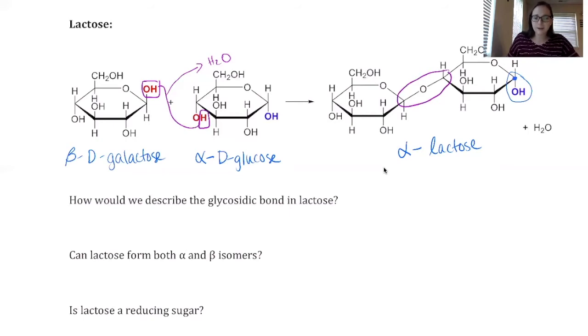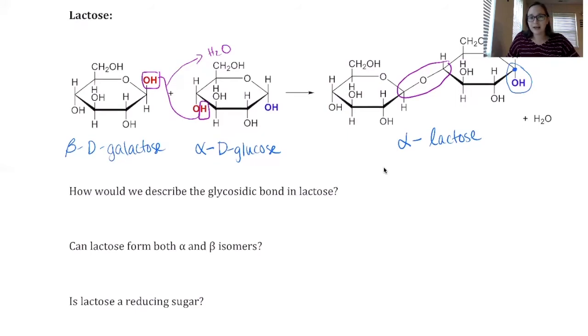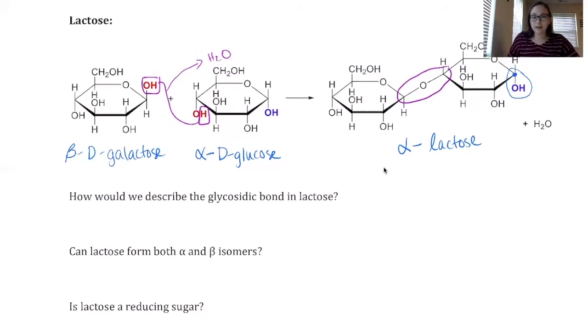glycosidic bond. Remember we describe glycosidic bonds based off of the position of the locked in carbon C1, as well as the carbon numbers that it's between. So let's start with that position. This hydroxide here, so let's use pink again. Carbon 1 on the leftmost sugar is going to be locked in now. There's no way for it to isomerize because you cannot make an aldehyde anymore.